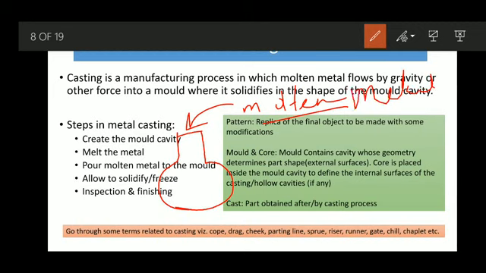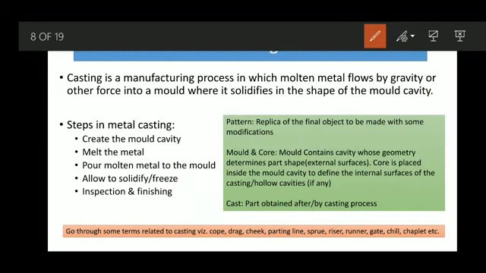If I pour it and fill the whole thing up, then once it gets solidified, I will have a product which will look something like this, okay.